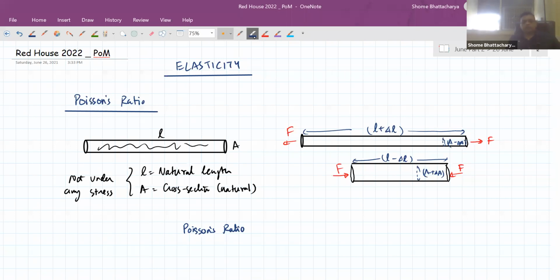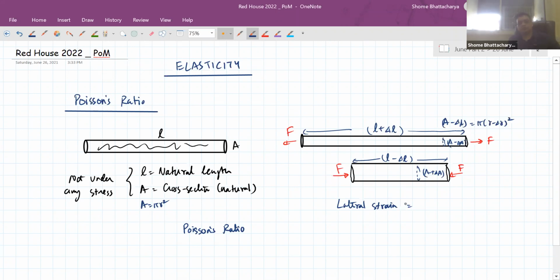Okay, so for Poisson's ratio, we first define something called lateral strain, which will be like, if this area corresponds to some radius like this, then here A minus delta A corresponds to pi into (R minus delta R) squared.